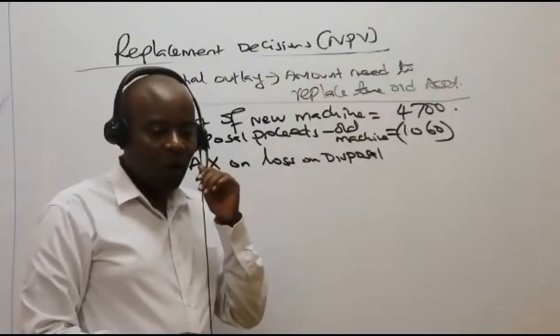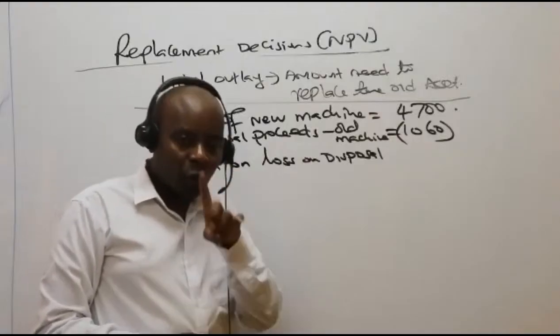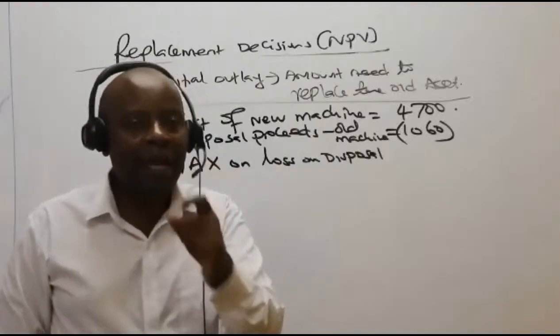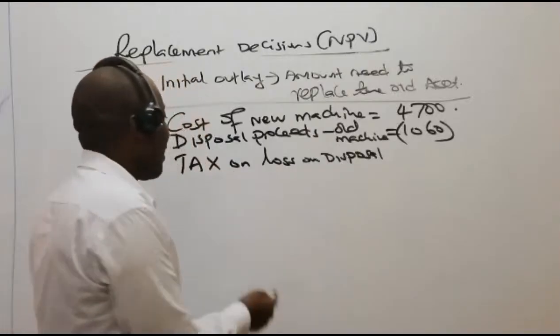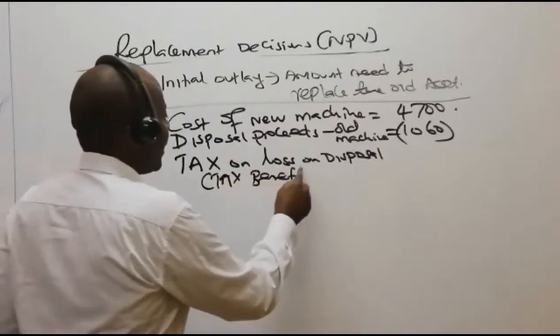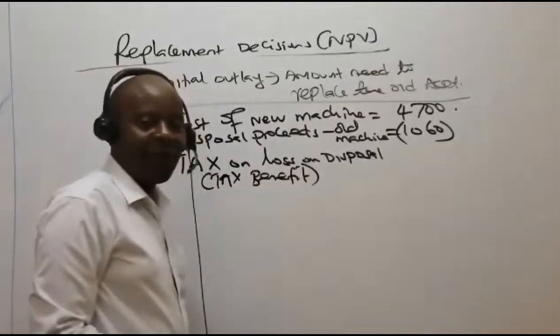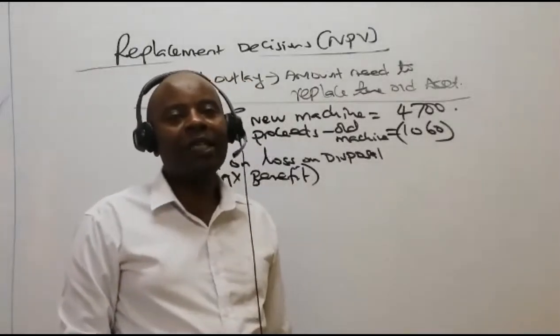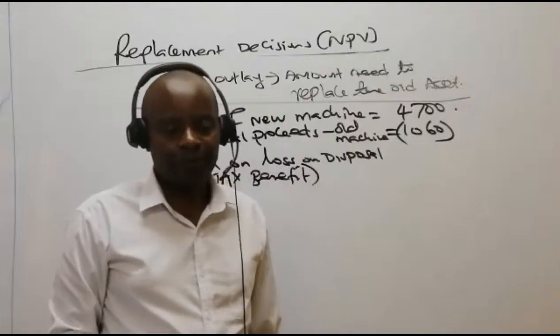Whenever you make a loss on disposal, straight away, the taxman will give you a benefit. So this is a tax benefit, and a tax benefit is an inflow. The loss on disposal, the taxman will allow you to claim that amount almost immediately.